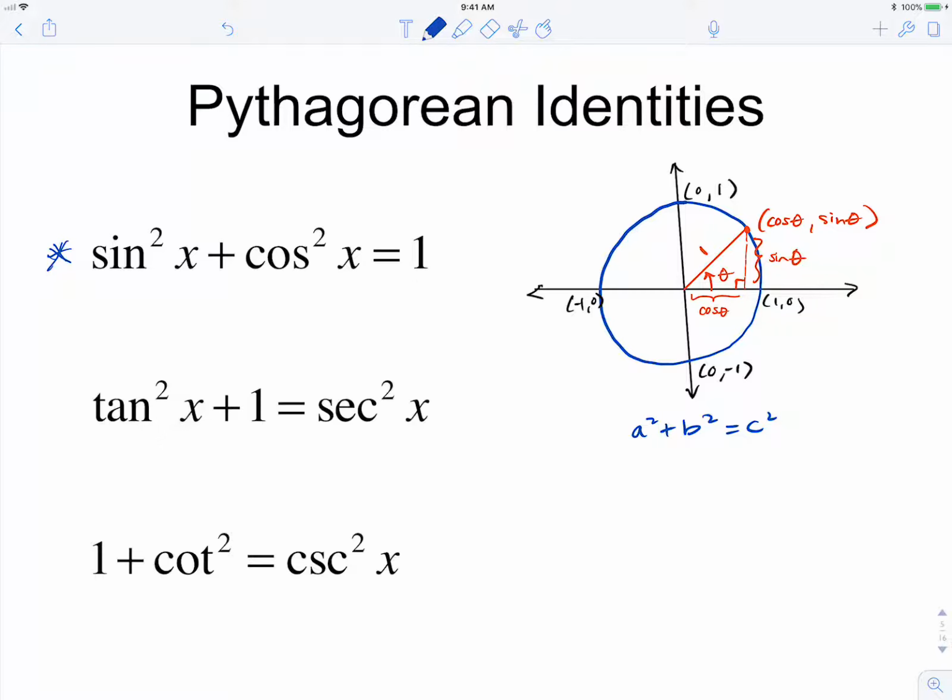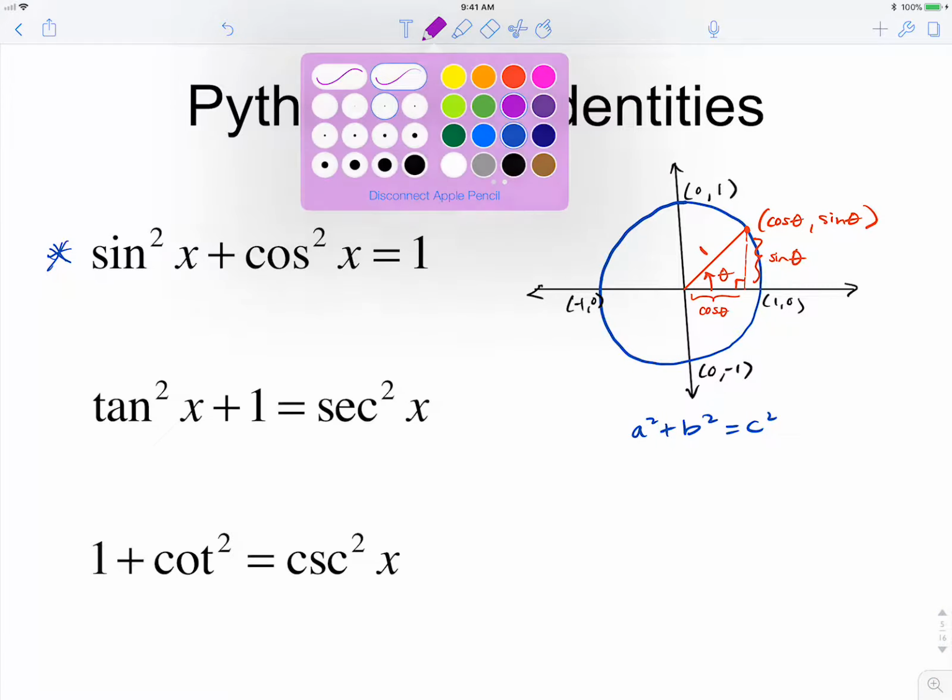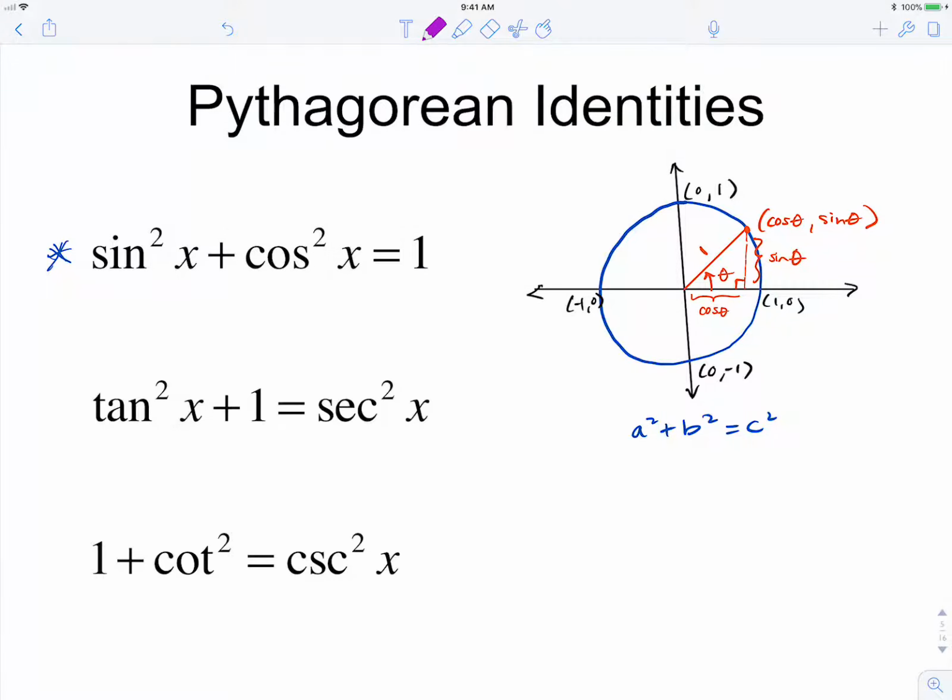Now, the other two identities we can easily derive from this first identity. If we were to think about dividing each side of this first identity by cosine squared, and I guess before I go any further, I'd just like to note that when you see cosine with this 2 here, that's cosine squared.